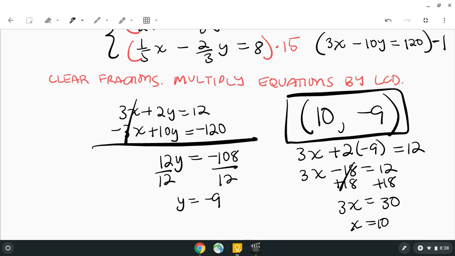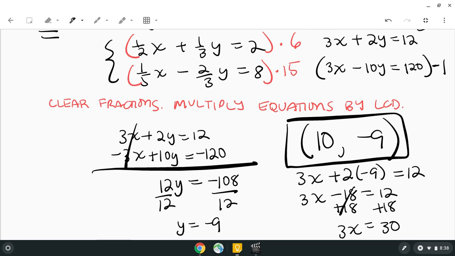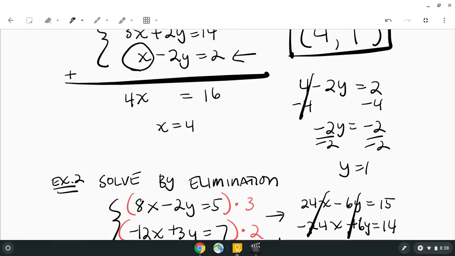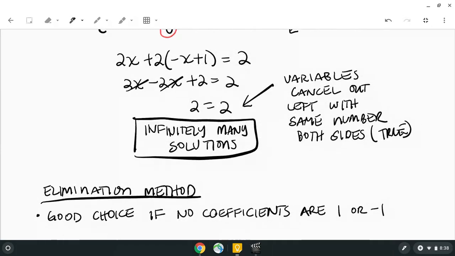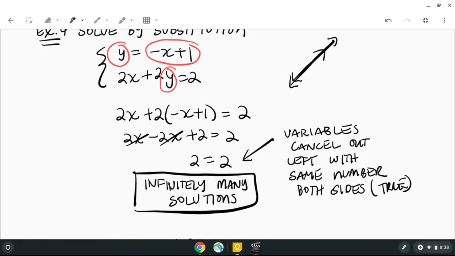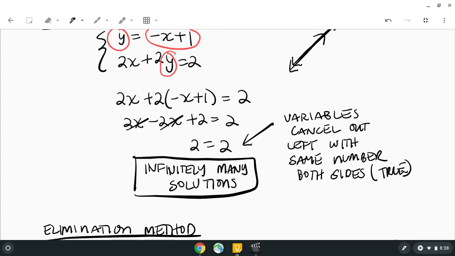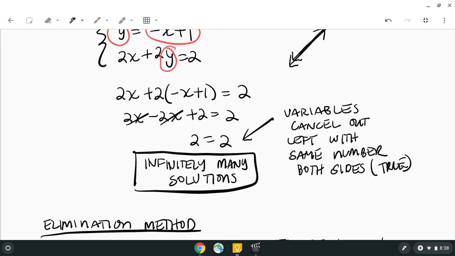Now, here's the thing. Where is my infinitely many solutions? That's the no solution case. Right here, see how it's infinitely many solutions? Back in the past, maybe in some of your other math classes, saying infinitely many solutions would have been good enough. But what we're going to do now is introduce t.